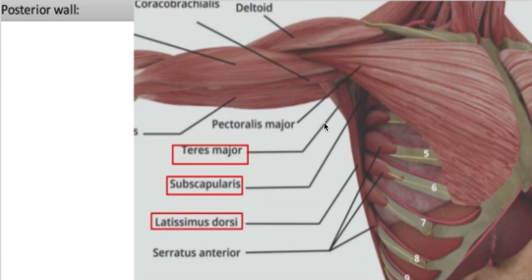Here. So coming to the posterior wall of the axilla, this is the axilla. This is our anterior wall formed by the pectoralis major. Now the posterior wall is formed by teres major, the subscapularis, and the latissimus dorsi.